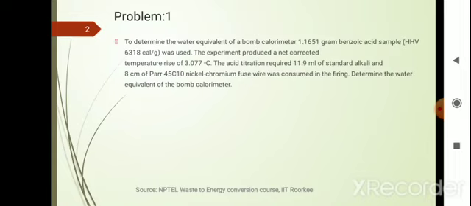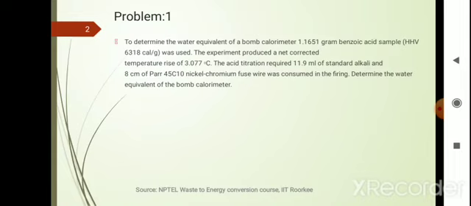For that we use a benzoic acid sample with a known calorific value. Standardly we use benzoic acid pellets with a calorific value of 6318 calorie per gram. So this is the problem.